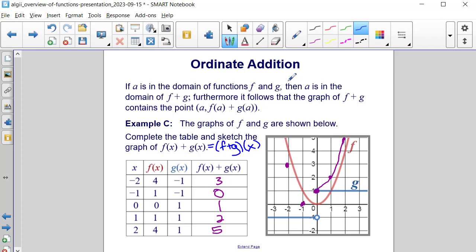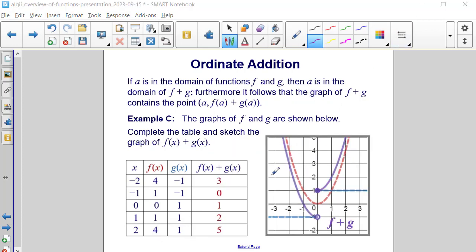If we go back to 0 and reevaluate it again for g down here, it would be at -1. So we're going to have an open circle at 0, -1. So that'll help us with the final section of our graph on this side. And here's the solution to this example, and it does match the graph that we had sketched on the previous slide when we evaluated our table for f of x plus g of x, or f plus g of x.